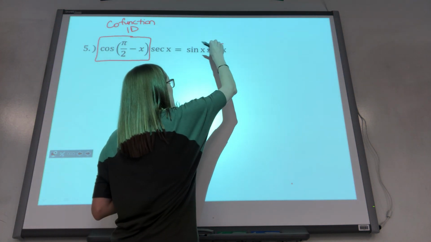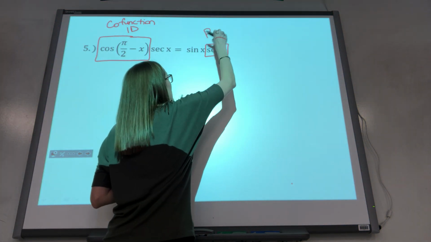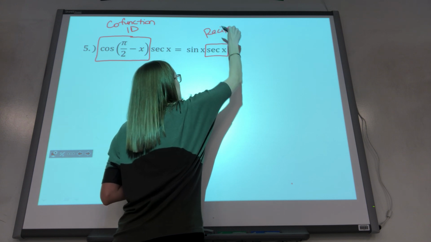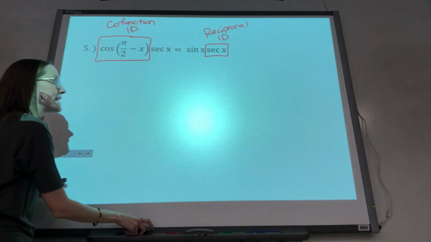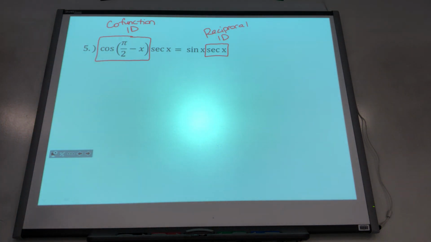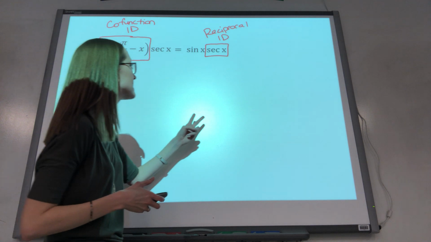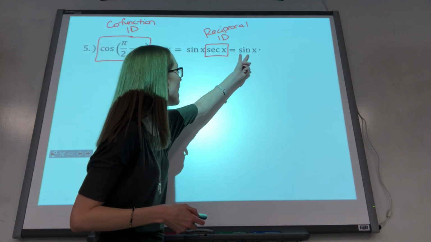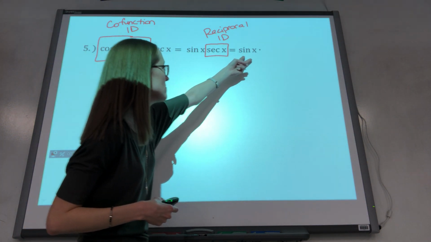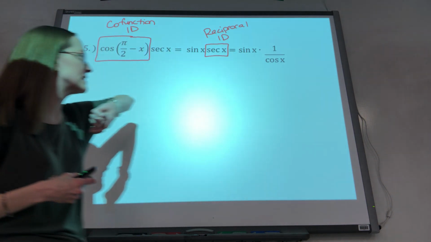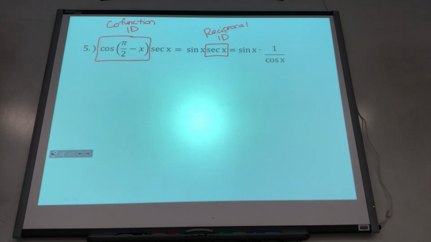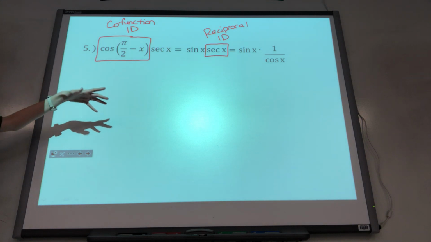Yes, let's use a reciprocal identity. And I'm just going to use it on secant of x. I'll show you why here in just 2 seconds. I'm going to leave sine of x alone, and I'm going to rewrite secant of x as 1 over cosine of x. So where am I going to go from here, or what is that going to turn into?